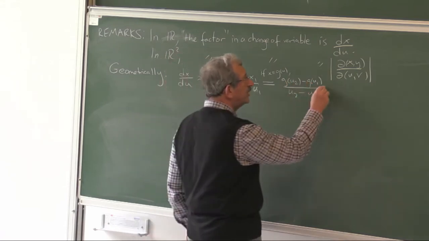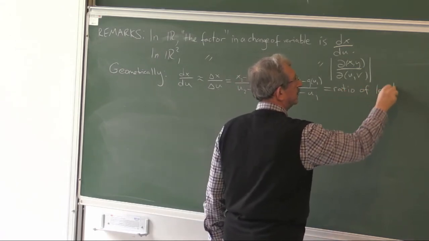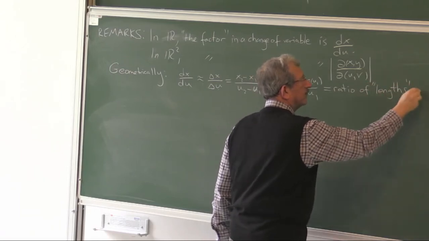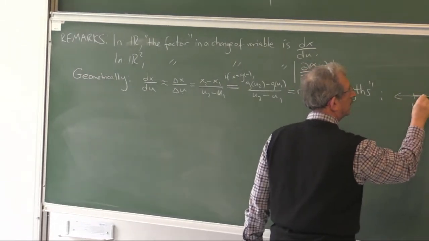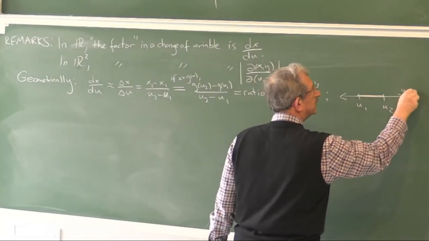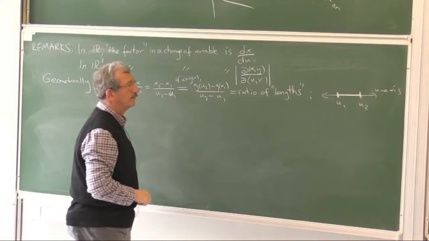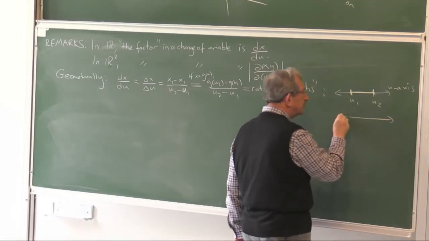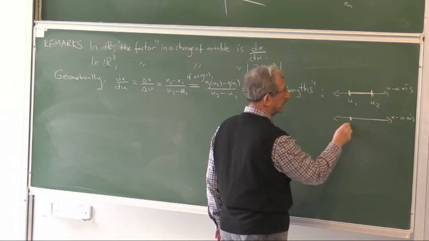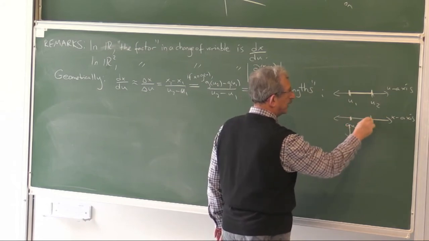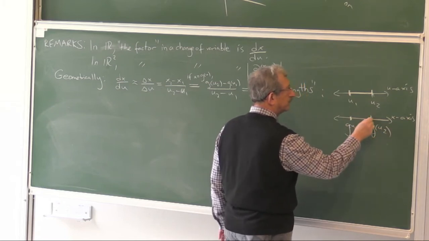So this is a ratio of lengths, namely in the u-axis the length is u2 minus u1, and this becomes, after the change of variable in the x-axis, g of u2 minus g of u1.